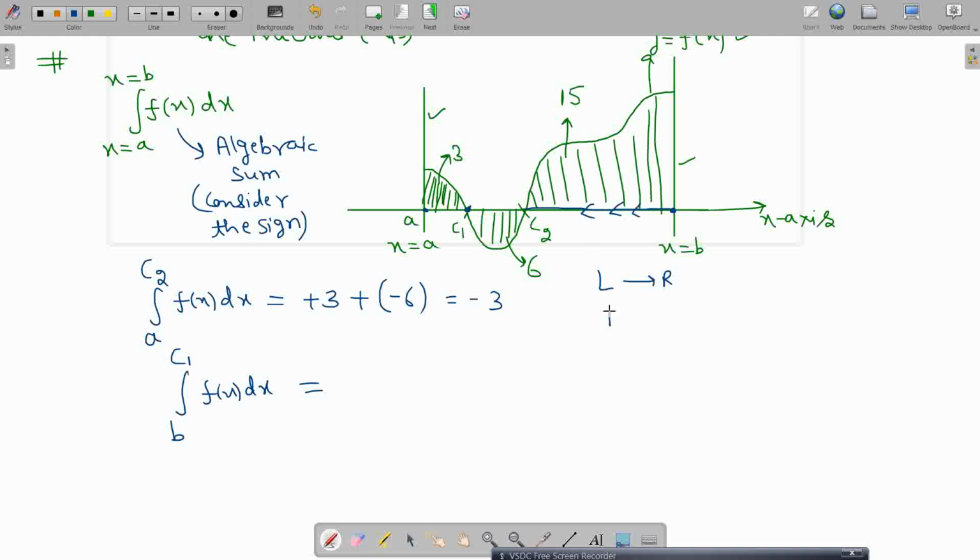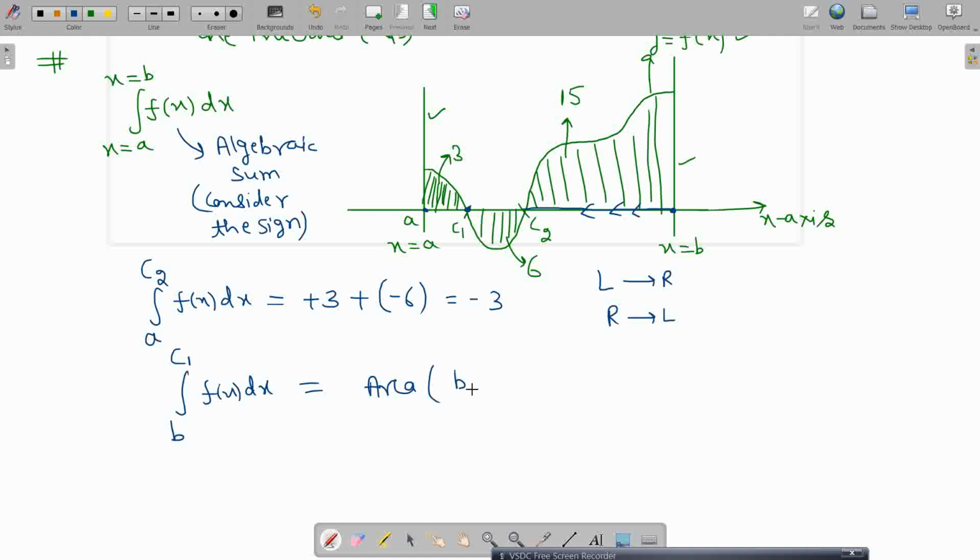This direction is from right to left, and I already told you, whenever you go from right to left, there is a change in the sign. That means the area above the x-axis will now be considered negative, and the area below the x-axis will be considered positive. So what should I write now? In order to go from b to c1, I have to consider the two areas. Can you see that?